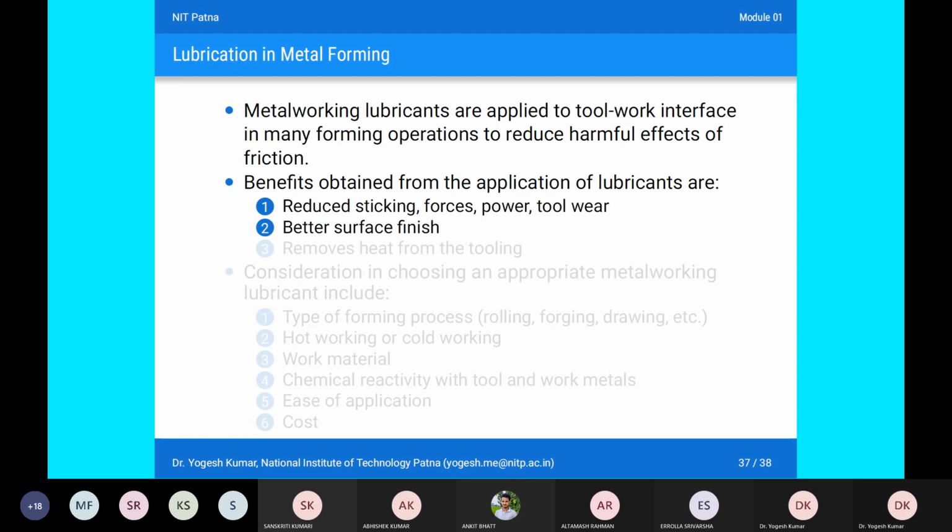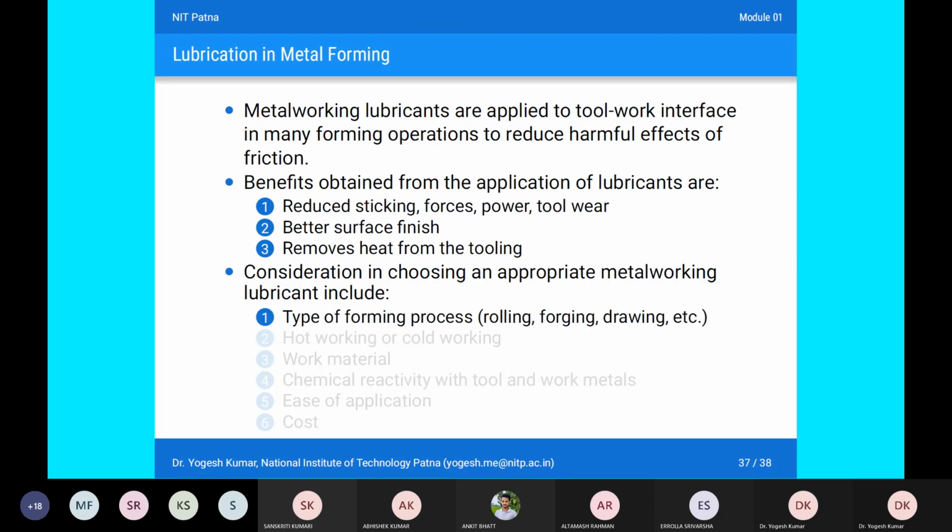Lubricants sometimes also carry away heat generated from the tooling, and this also serves to improve the tool life in metalworking processes. Then coming to the next, how to choose an appropriate metalworking lubricant for your metal forming process. It depends on many parameters.